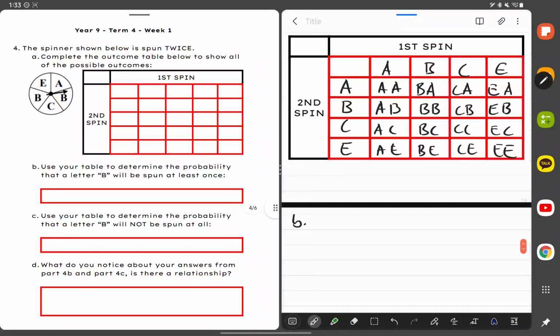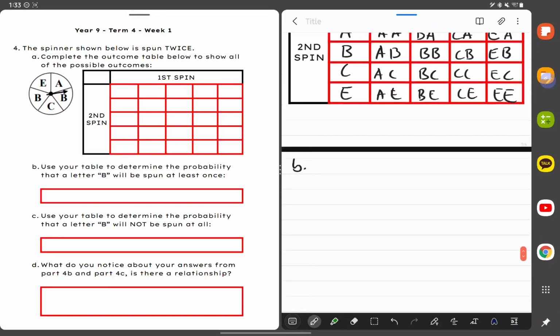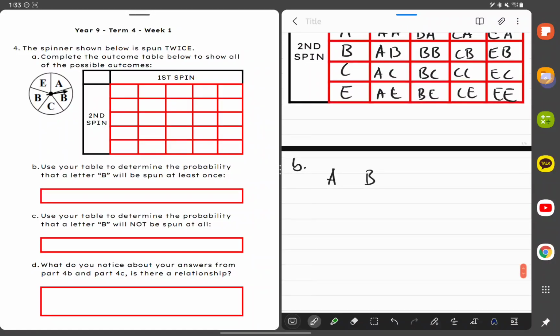I should have read this question before I started it. I'm going to draw up another table. Here we go. I'm gonna say A, B, C, B, E. I'm gonna write everything.